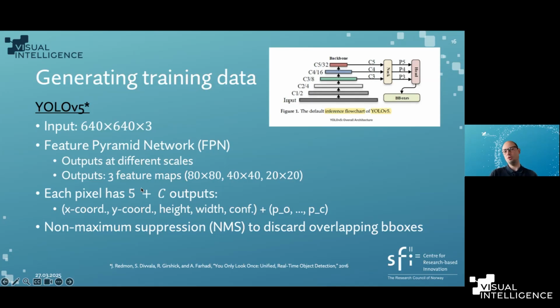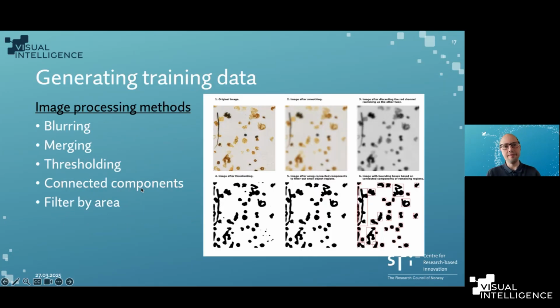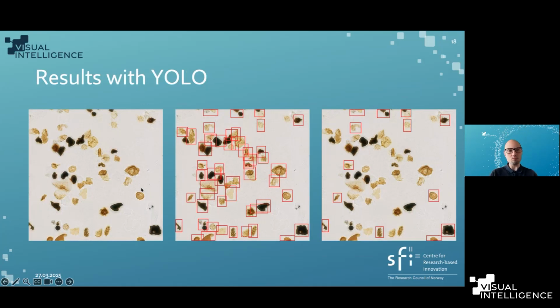And we have also investigated more classical image processing by blurring the image, merging some of the channels, thresholding, and then using connected components to generate region proposals, and then filtering the proposed regions by an area. Both of these approaches work really well.